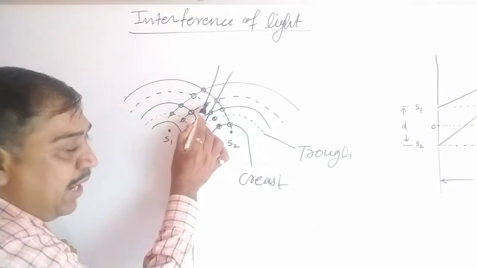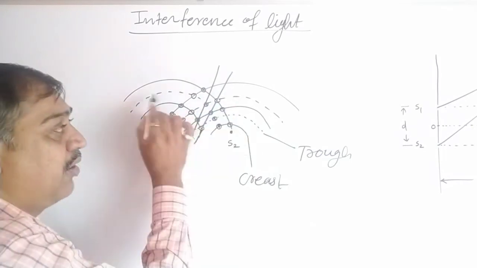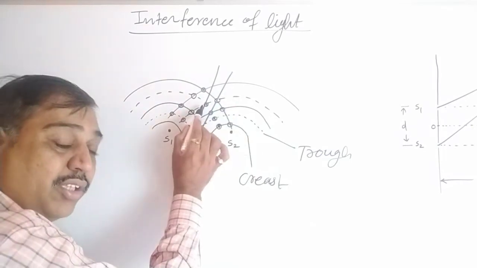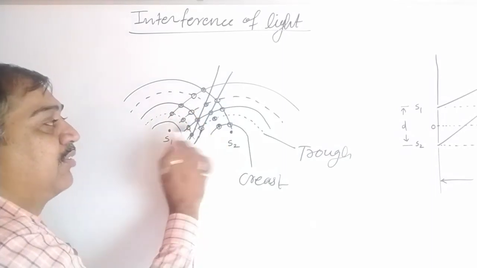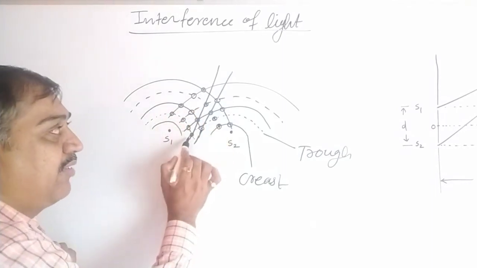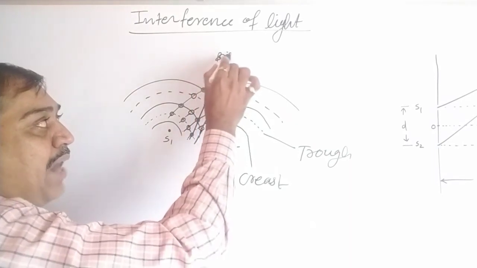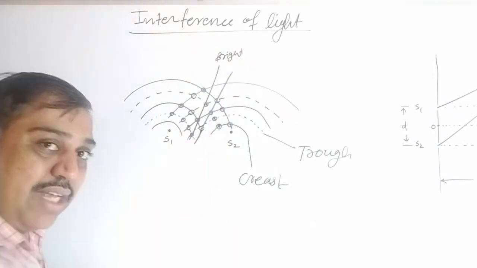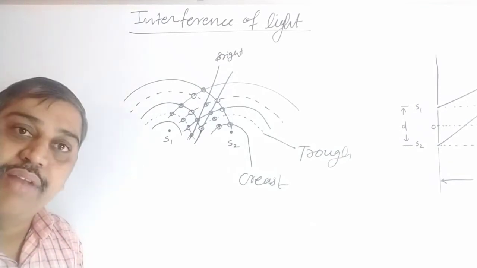So this is a blue dot I have given. So this must be what? Trough falls on trough, that is again constructive interference, a bright point. So these are the points for constructive interference. I had drawn this black line, so this is the line for bright points. If bright points are there, intensity is maximum, or we can say constructive interference occurred.